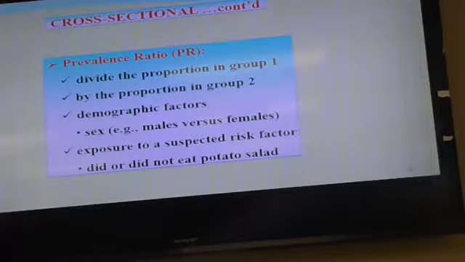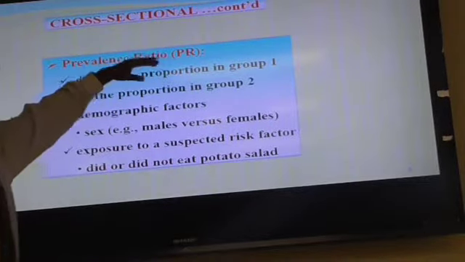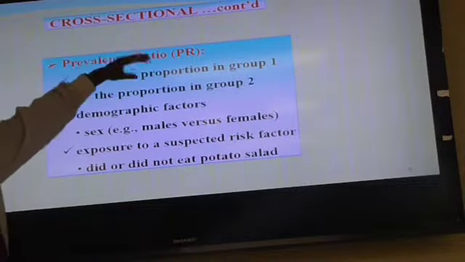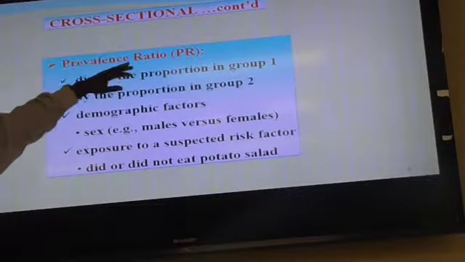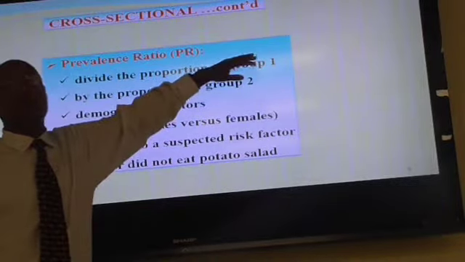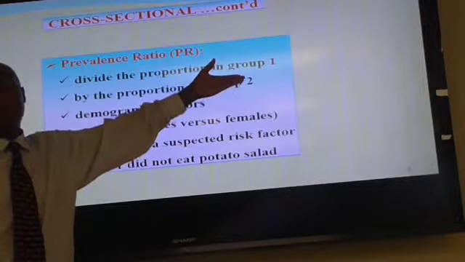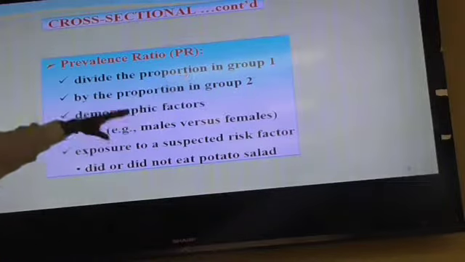The ratio of the two prevalences is what we call the prevalence ratio. So you divide the proportion in group 1, which is your group of interest, by the proportion in group 2, which is the other group or comparison group.